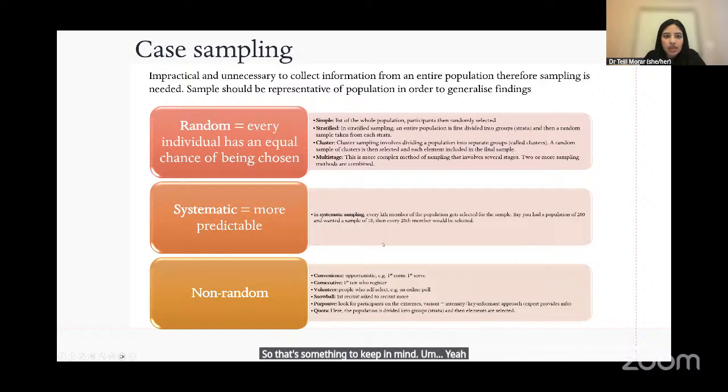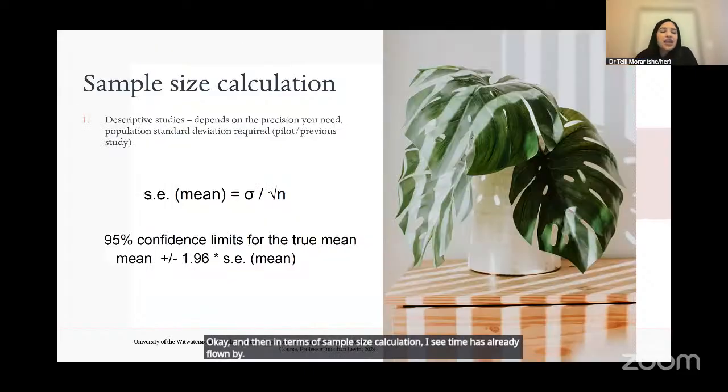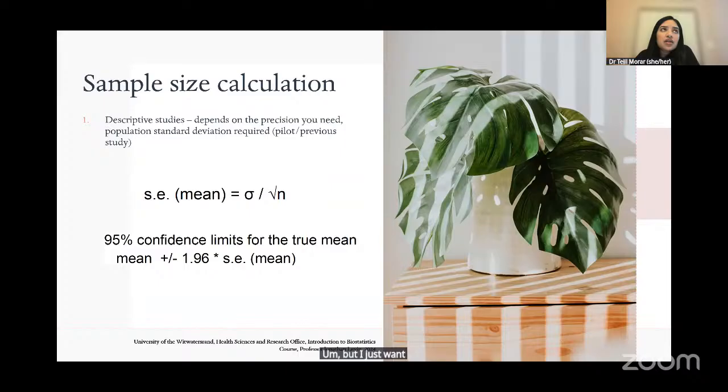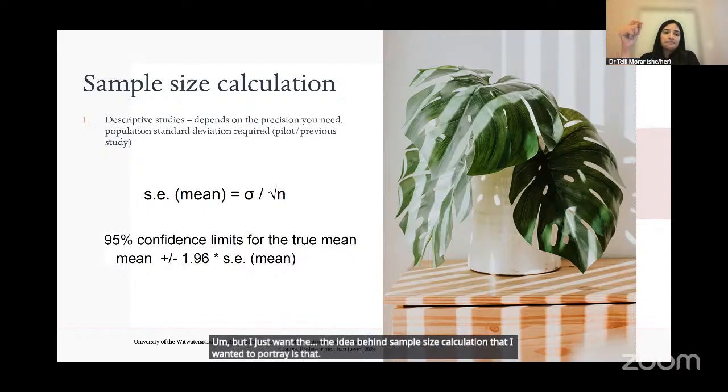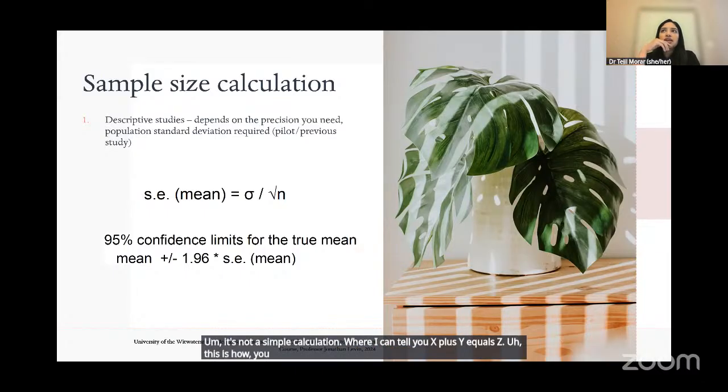Okay, and then in terms of sample size calculation, I see time has already flown by. But the idea behind sample size calculation that I wanted to portray is that it's not a simple calculation where I can tell you X plus Y equals Z, this is how you calculate it.